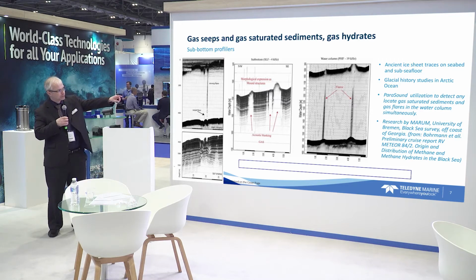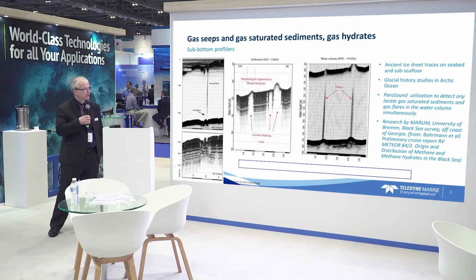A further example is this typical sediment structure that you see in the middle, where you have this so-called acoustic blanket. Basically, the sediment layers go through all the way. However, due to the gas-saturated sediments, with gas really being within the sediment, the acoustic energy of the sub-bottom profiler is consumed, and this creates these blankings.